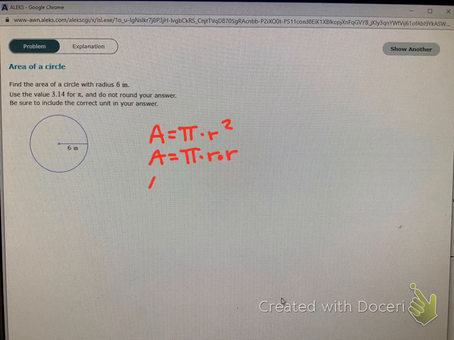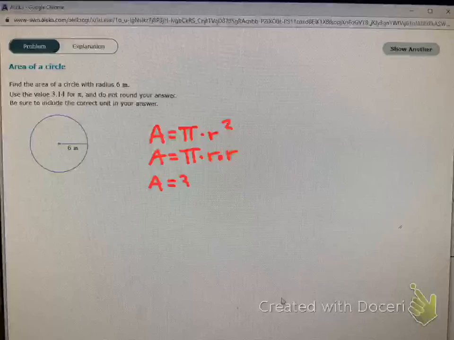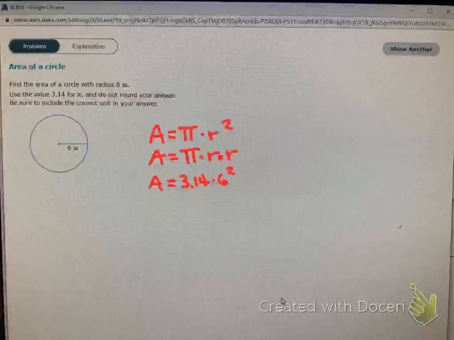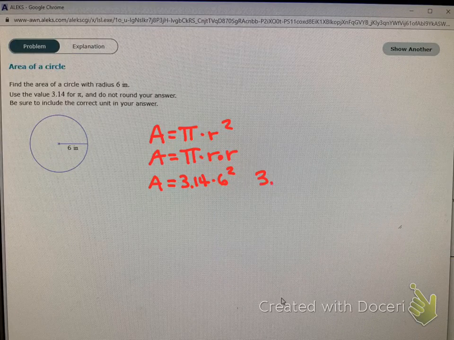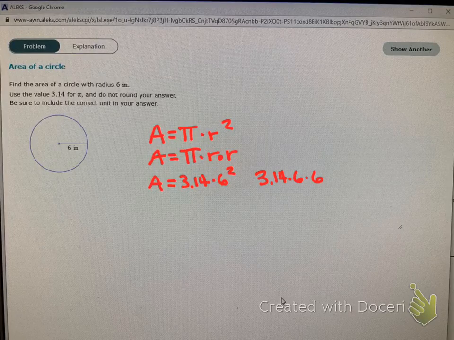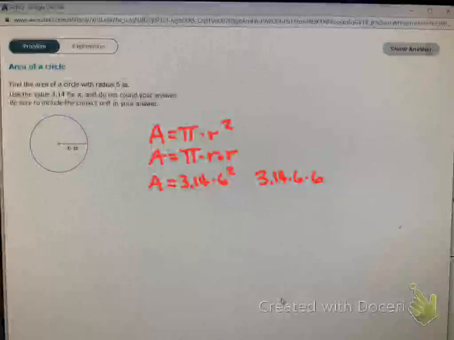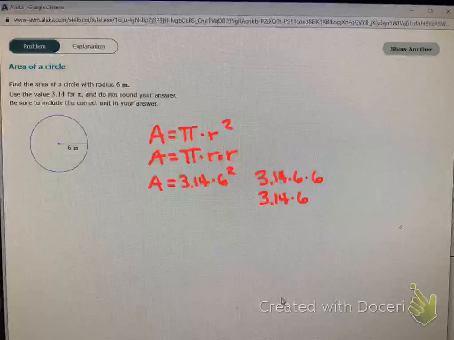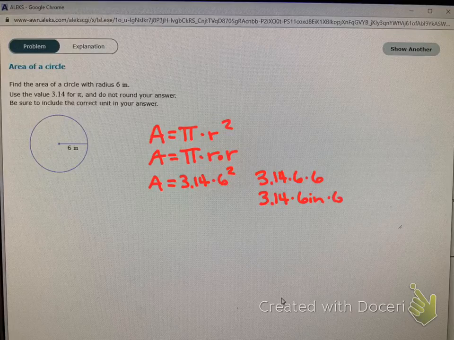So we're going to say the area equals 3.14 times 6 squared, or if you'd rather, 3.14 times 6 times 6. Now, before we do the numbers, this 6 is technically 6 inches, so it's 3.14 times 6 inches times 6 inches.